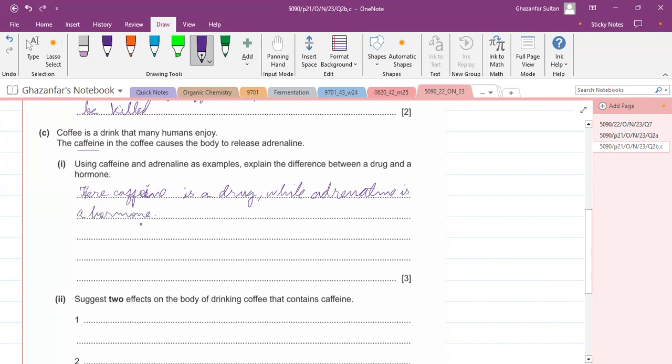And a hormone stimulates some of the body reactions. When it stimulates some of the chemical reactions or body reactions, it can affect the body functions.